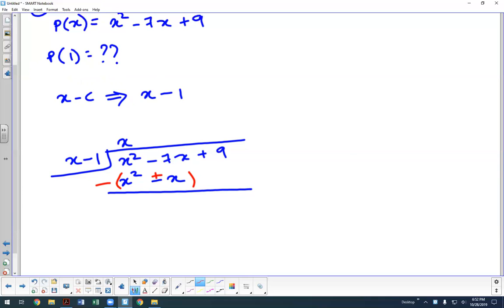So you will have negative x squared and a positive x when you change your signs. Positive x squared, negative x squared will end up canceling each other out. And you are now left with negative 7x, positive 1x, which gives us what? Negative 6x.